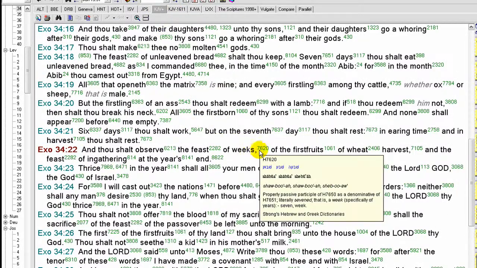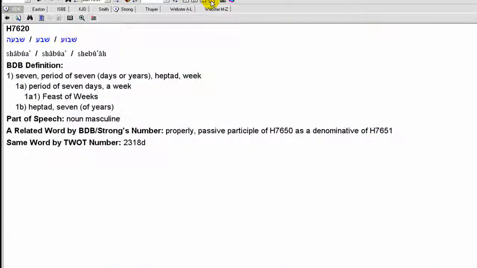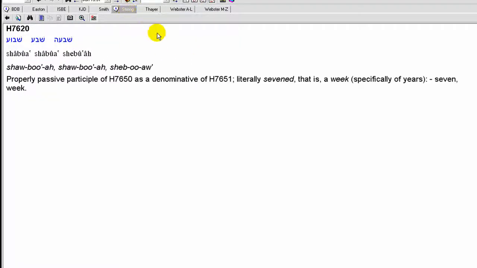Now, the word translated weeks, and that's where we get the name of this feast from, the word translated weeks in Strong's is Shabuot. That's the Feast of Weeks.